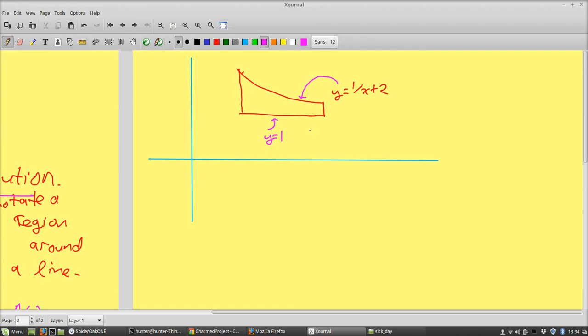And let's pinch that off between 1 and 2, sort of like we did before. So here's 1 and here's 2. So now we're going to rotate this around the x-axis.